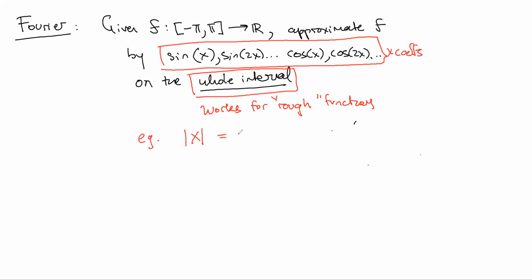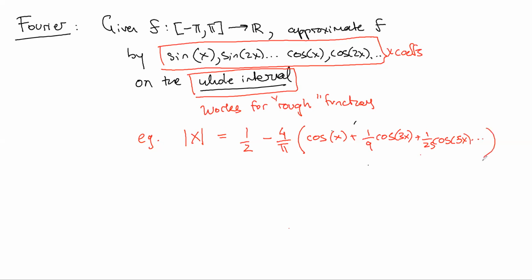We'll prove this in a moment, but what you actually end up getting is, just making sure I get the normalization right, a half minus 4 over pi times cosine x plus 1 over 9 cosine 3x plus 1 over 25 cosine 5x, et cetera, et cetera.